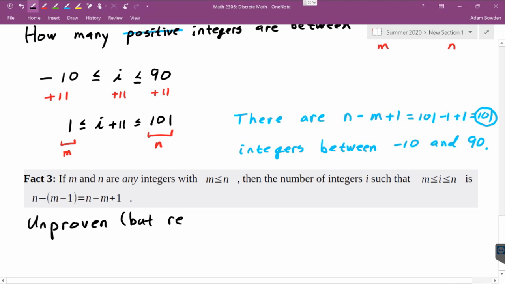So as we go along, we're going to talk about more when we need to really start getting serious about really proving things as true across all possible values of our unknowns, in this case our integers. So for now, we're going to leave it unproven strictly, but reasonable from what we have seen so far as applying to all integers.